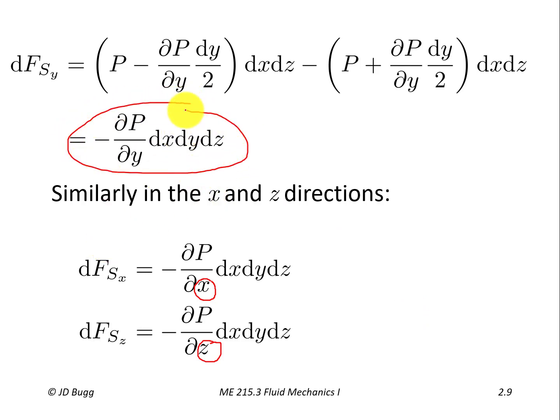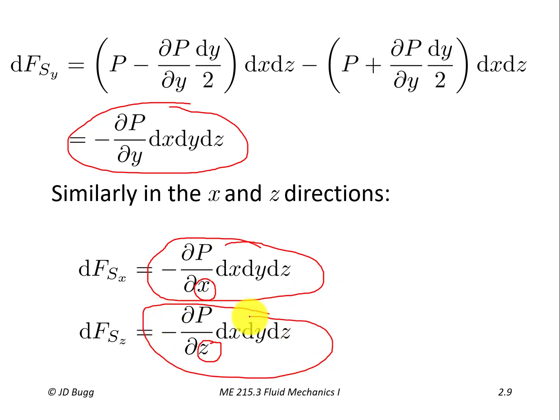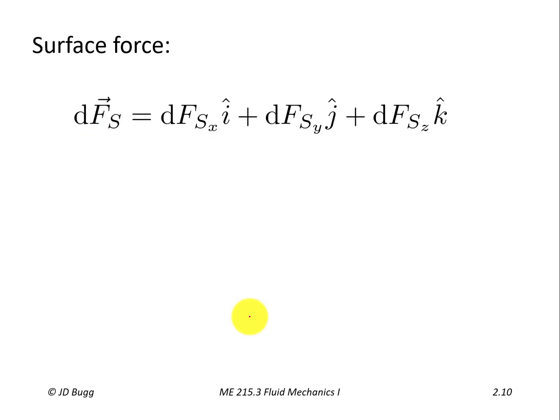That's our y component, this is our x component, and this is our z component. So we can bring those all together into a vector quantity again. We're still just talking about surface forces, but we're expressing force as a vector, so each of the 3 components is multiplied by its respective unit vector.